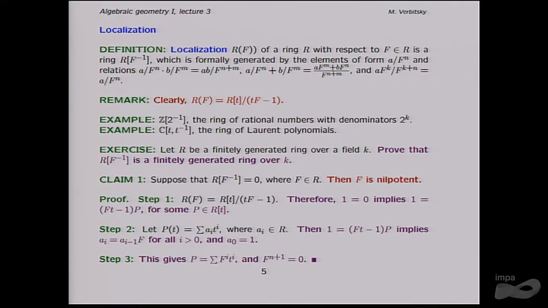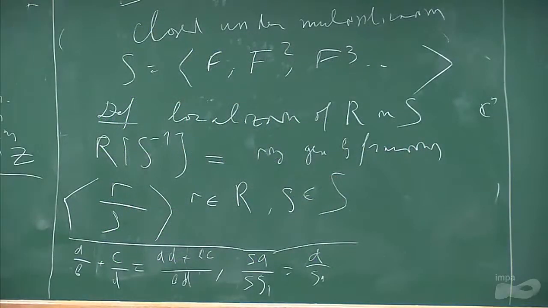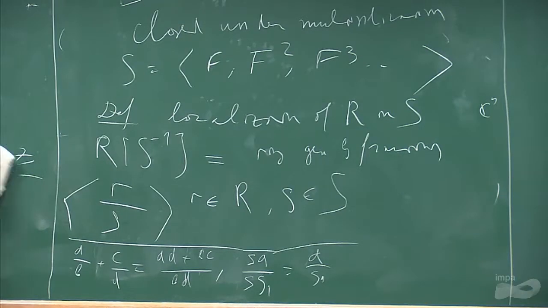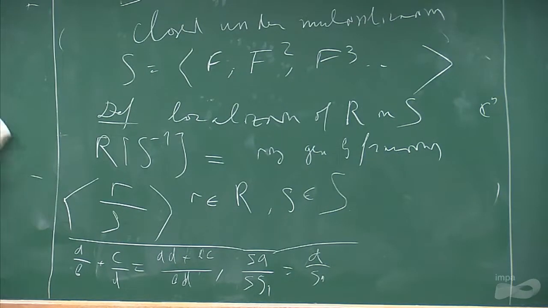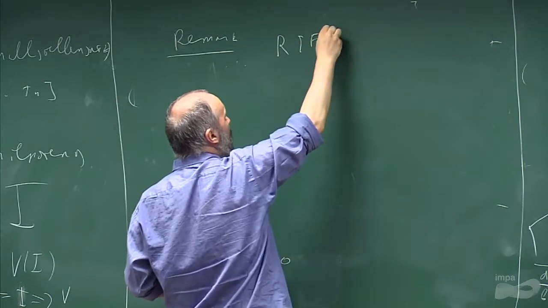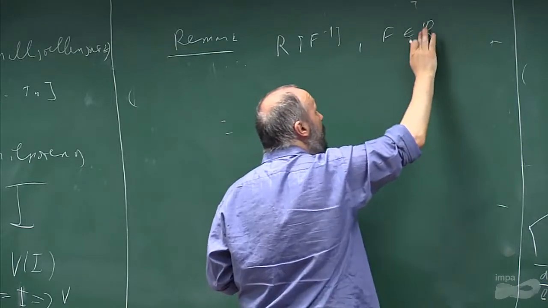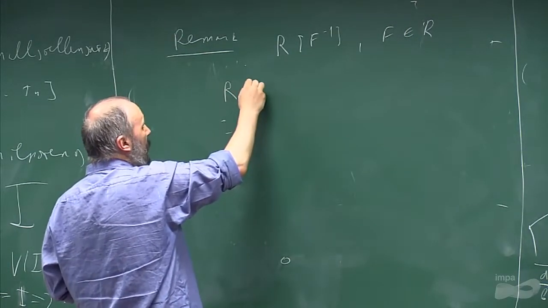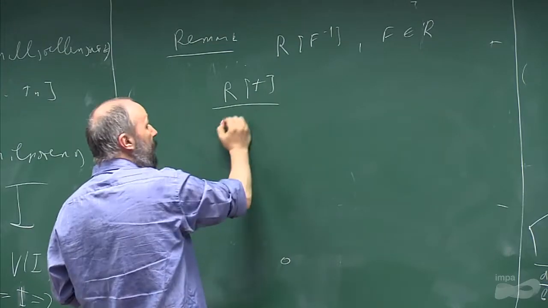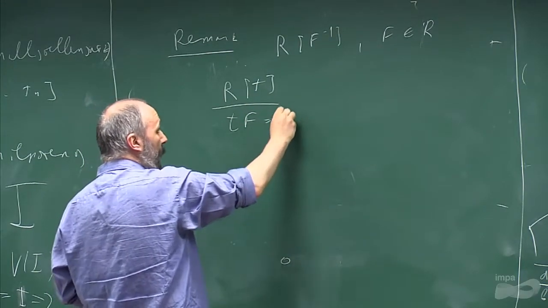Okay, but when you have this localization just by one element, it's even easier. So if you have R of F minus 1, where F is an element in this ring, you can take the ring of polynomials and take its quotient by T F equal 1.